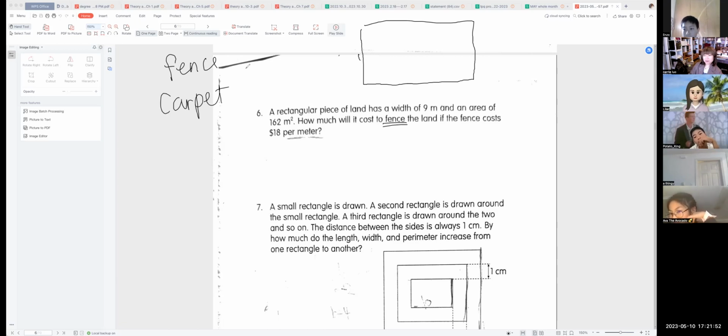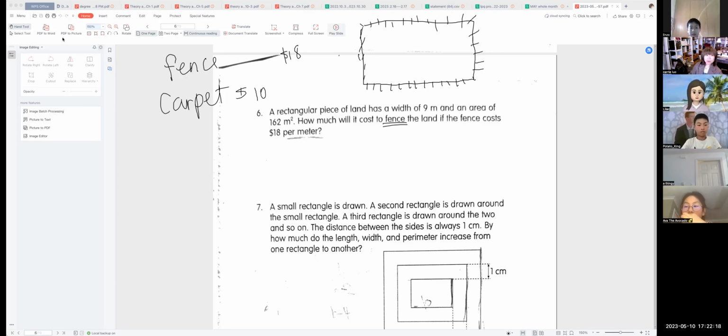Compared with the earlier question, you're right, Ava. Carpet is cheaper. It's only $10, and fence is like $18, right? But the thing is, what is a fence, everybody? I don't know if you ever look at a fence. A fence is made all around the property.